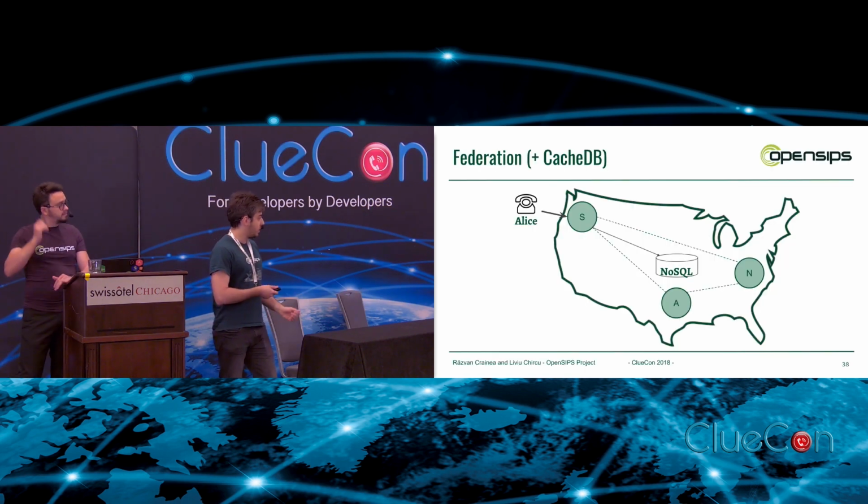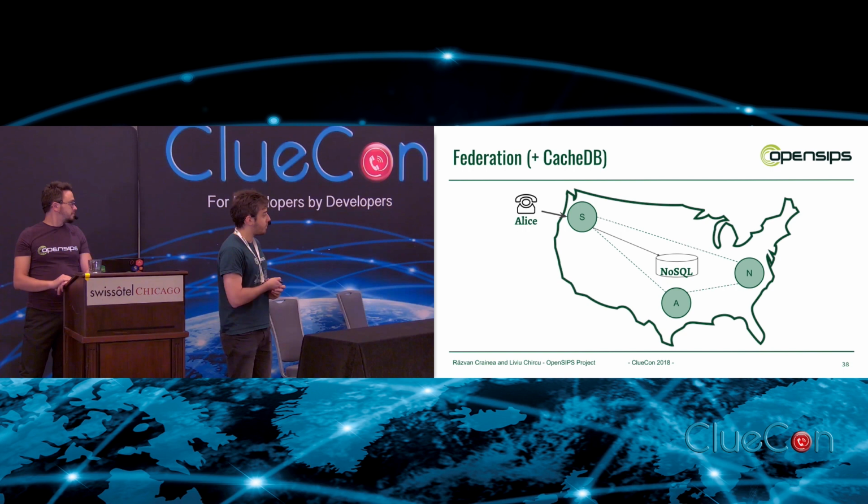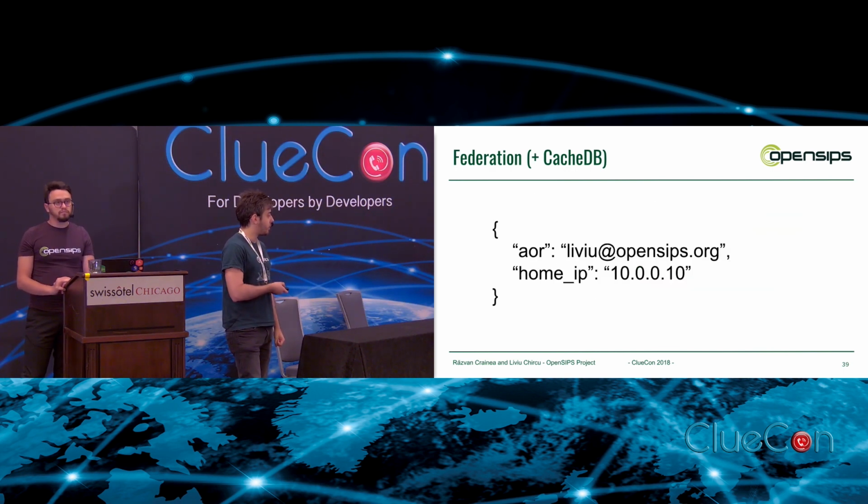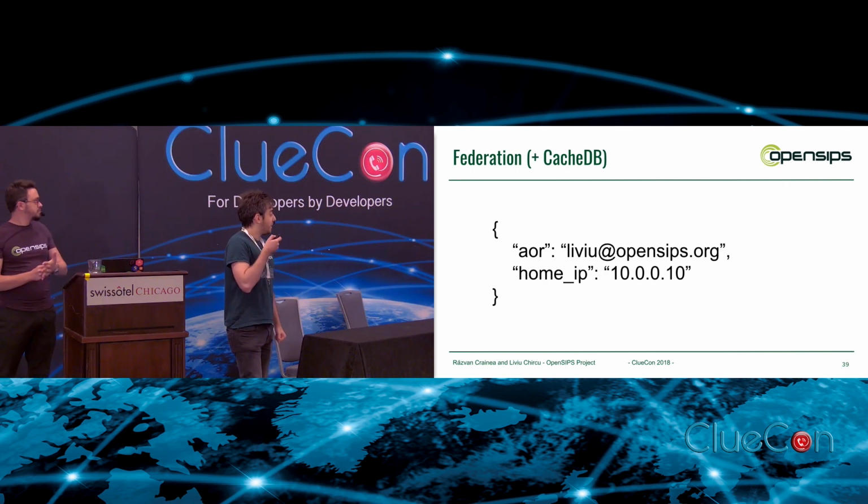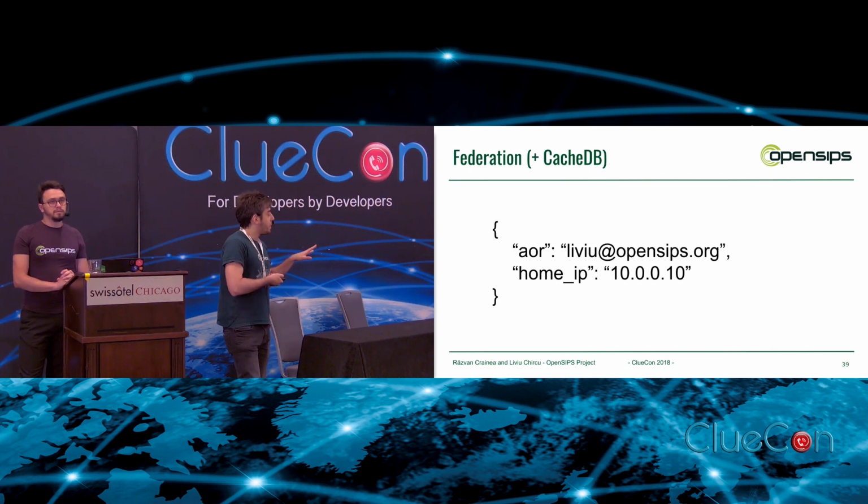For example, here we have Alice that registers to Seattle, and the platform only publishes a light metadata record inside the database, which points to her AOR and links it to the home IP she registered to.